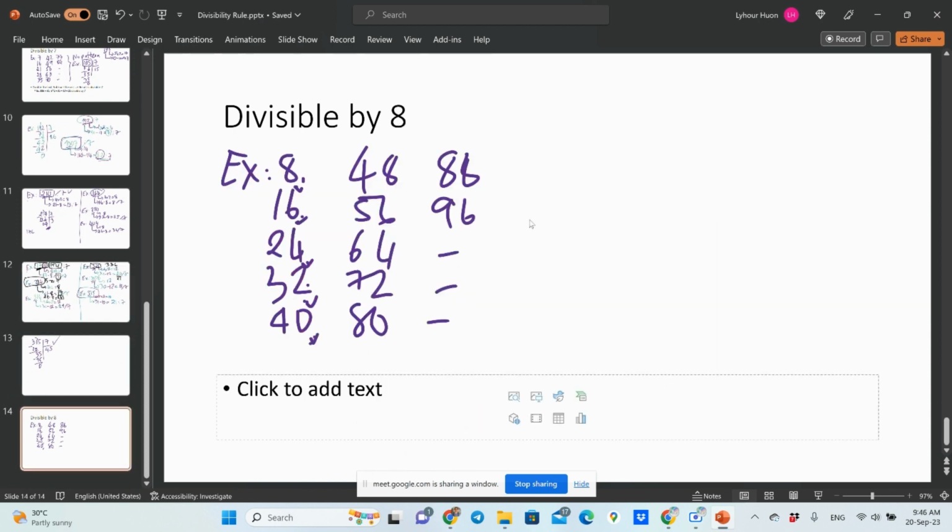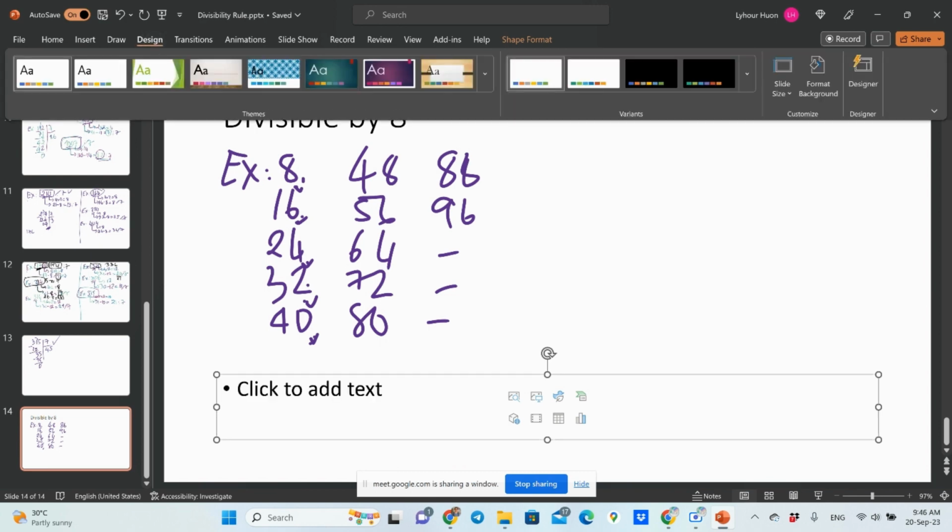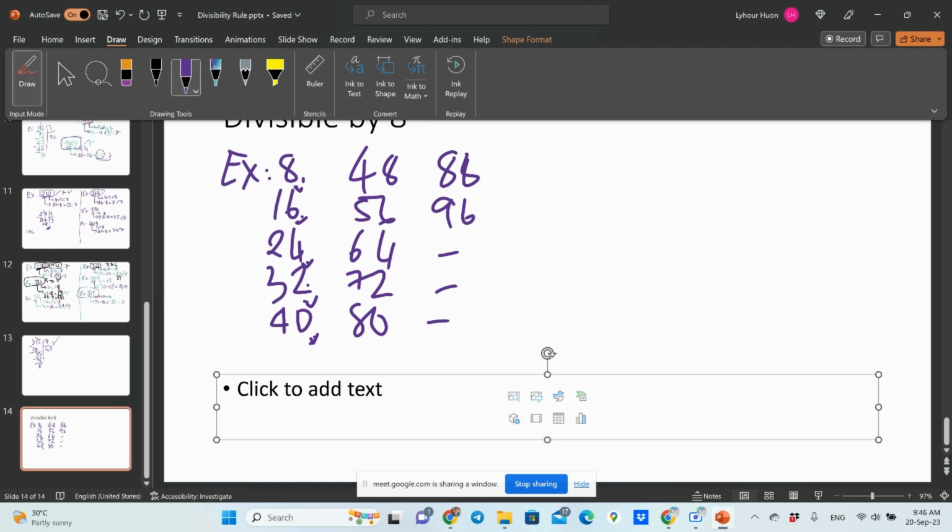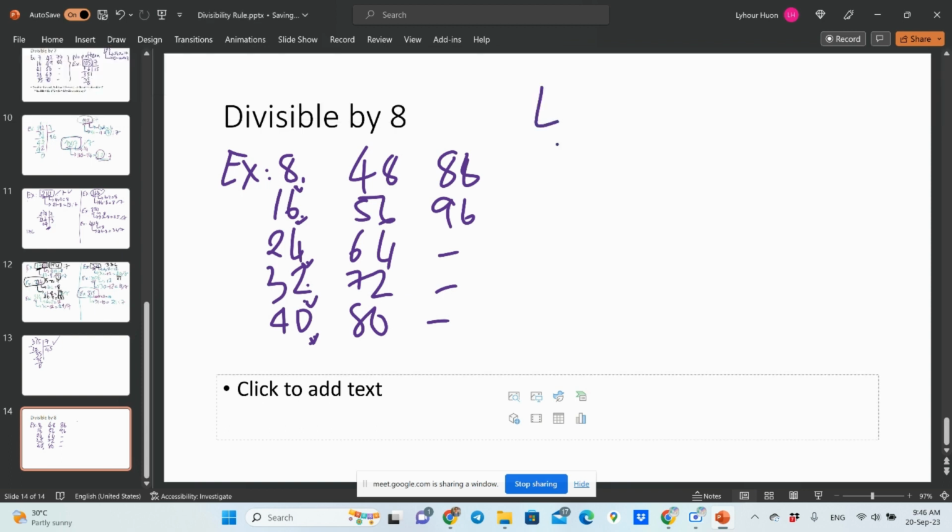But for 8, we notice like this: for divisible by 4, only the last two digits; but for divisible by 8, we check the last three digits.